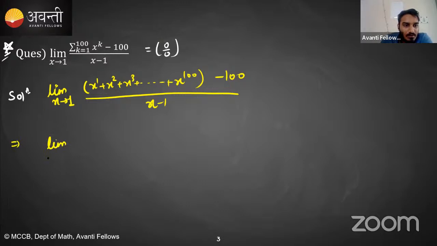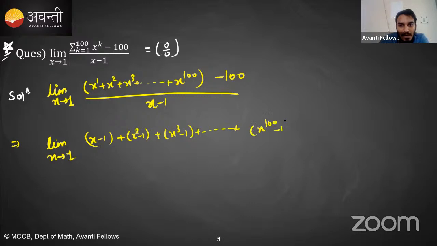So again, students, what you can do is break this 100 into 100 parts: 1, 1, 1, 1, 1. So this can be written as x minus 1 plus x square minus 1 plus x cube minus 1, and so on up to x raised to the power 100 minus 1, divided by x minus 1. Correct, right? No problem so far.